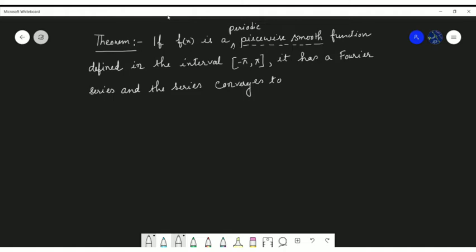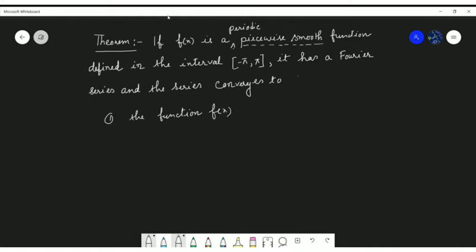But now you remember we talked about the Dirichlet condition. The functions which satisfy the Dirichlet condition can be expressed as a Fourier series, and that Fourier series converges to the function f(x).